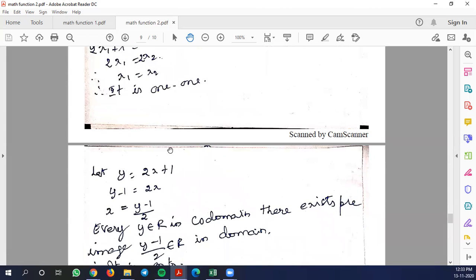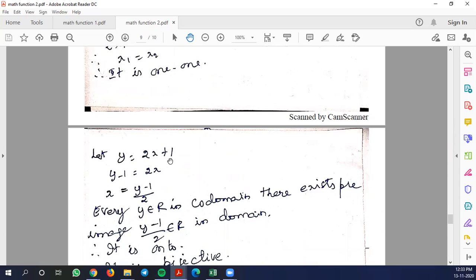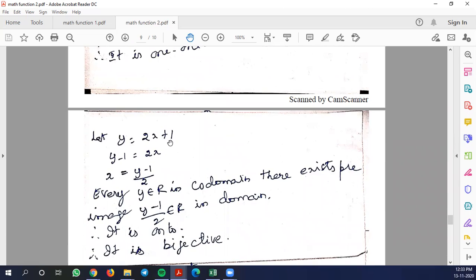Now for bijective, one more we have to prove, that is it is onto also you have to prove. Let y is equal to 2x plus 1. That is given. Now from that we are bringing this 1 here. So it is y minus 1 is equal to 2x. Now what is our x? x is equal to y minus 1 by 2.